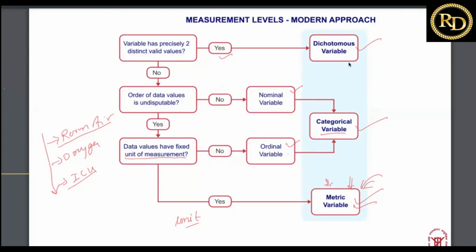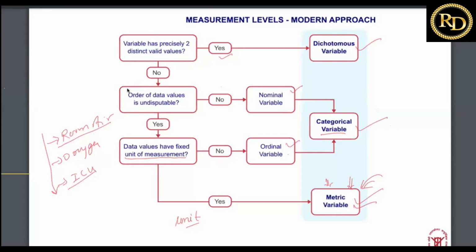So how will you understand that your data is a dichotomous variable? If that particular variable has precisely only two distinct valid values, say yes or no, whether you smoke, yes or no, whether the patient died, yes or no. If a particular question has only these two kinds of information, we can say this is a dichotomous variable.